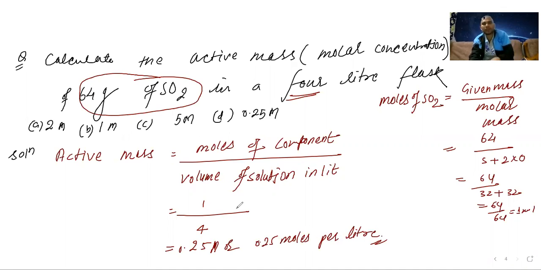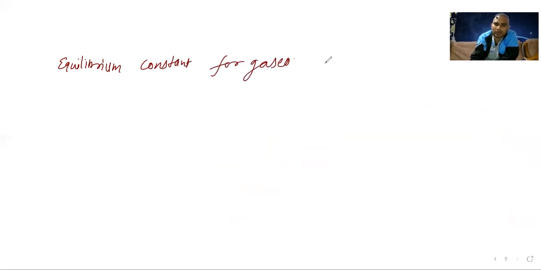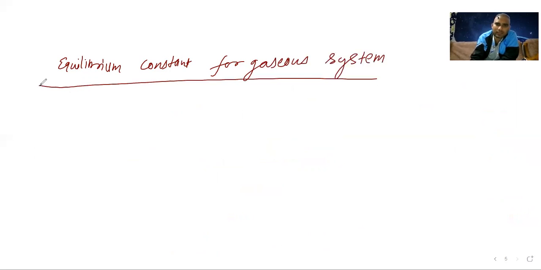Now what we are going to understand here: the equilibrium constant, which I described to you yesterday. Once more I am telling you, the equilibrium constant for a gaseous system. This is the important point, gaseous system.